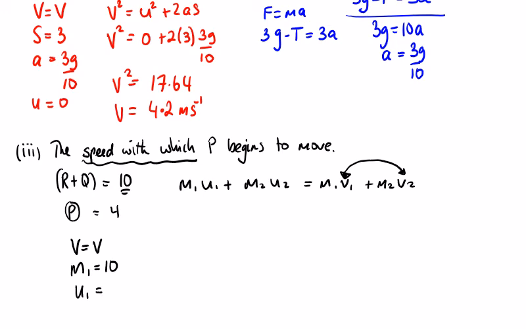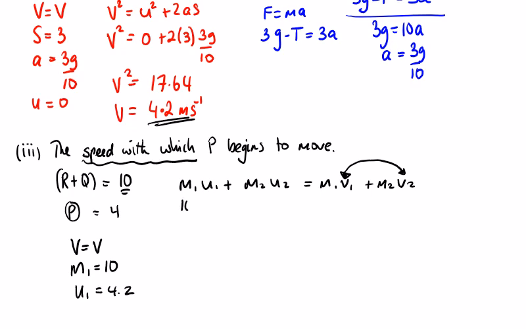u1 is equal to the speed at which Q is moving, this one here, 4.2. And that's all we have, so we can fill these in.